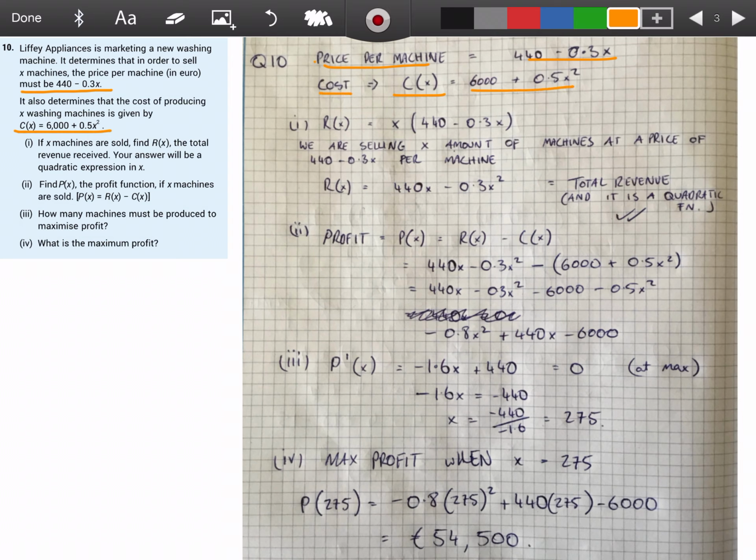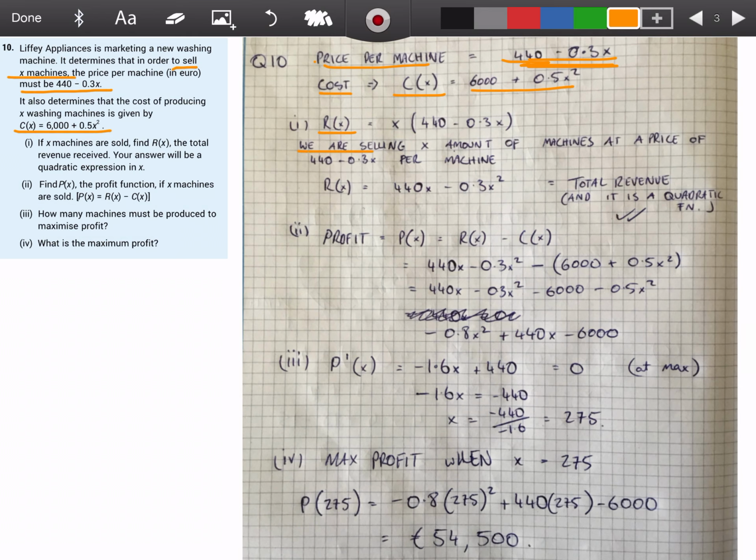Part 1 asks, find R of X, the total revenue received. Think about that now, okay? Total revenue received is the amount of money that I make based on the amount of machines that I sell. So I know that the price per machine is this value up the very top, 440 minus 0.3x. And it's telling me in the question, I want to sell X machines.